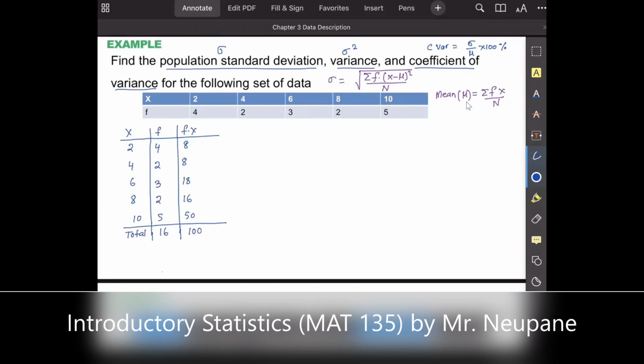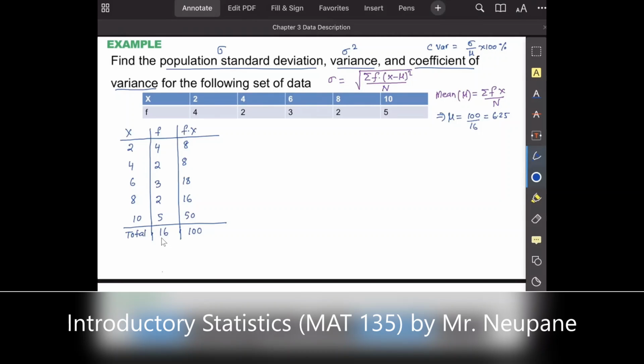So what will be our mean? Let's substitute here. So the mean will be equal to the sum of f times x, if you add all these, that is 100. And then we are dividing this by the total, that is 16, which is equal to, how much is 100 divided by 16 in your calculator? 6.25. 6.25, very good.